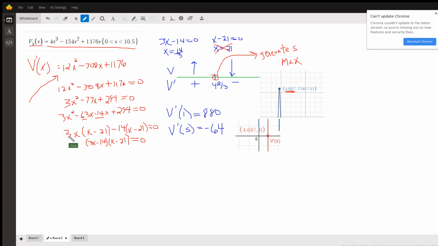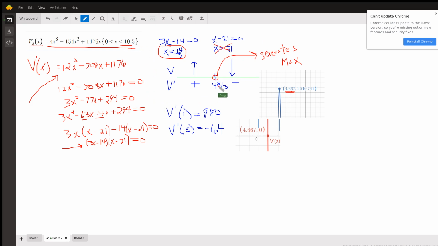And I was able to factor this, solving for x without using the quadratic formula. So this is what you end up with, 3x minus 14 times the quantity x minus 21. There's your answer right there, 14/3 or 4.666666 repeating. We reject the x equals 21 because that's not in the domain of our function.